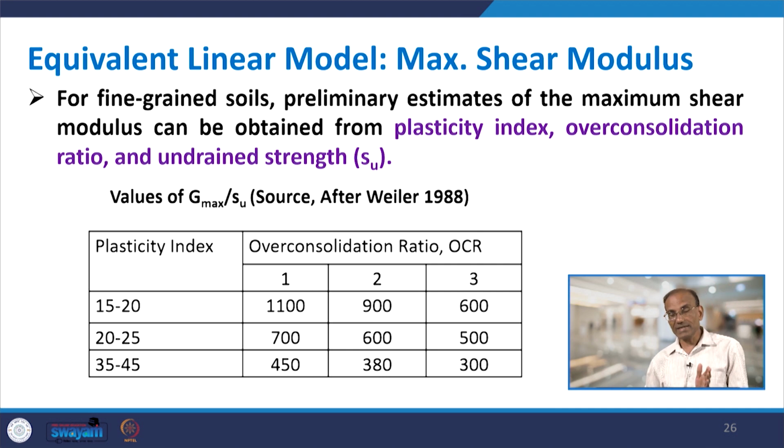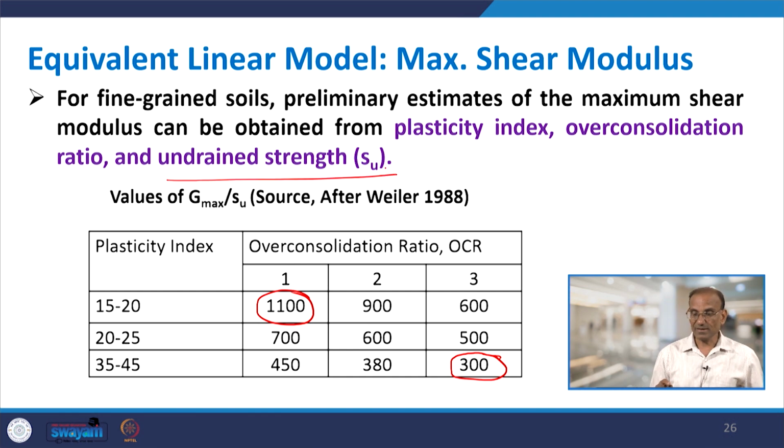You select the value of PI and then the OCR. As PI increases, this ratio decreases, and as OCR increases, the ratio decreases again. The ratio Gmax by Su is maximum for OCR 1 and low PI, and minimum when OCR equals 3 and PI is in the range of 35 to 40. Su is the undrained strength, and once this ratio is known, you multiply it by Su to get the maximum shear modulus.